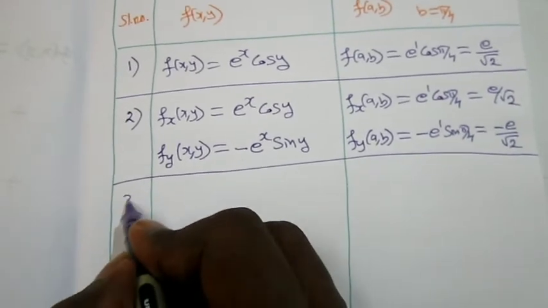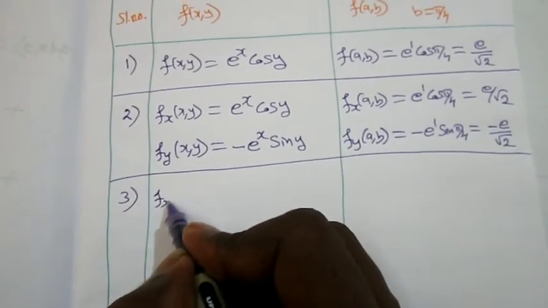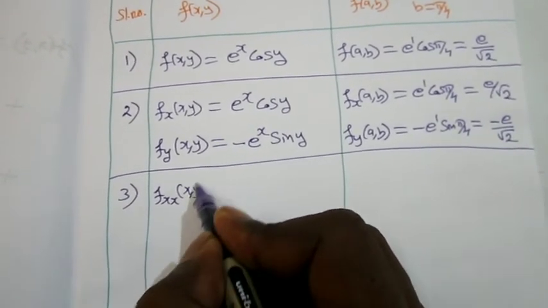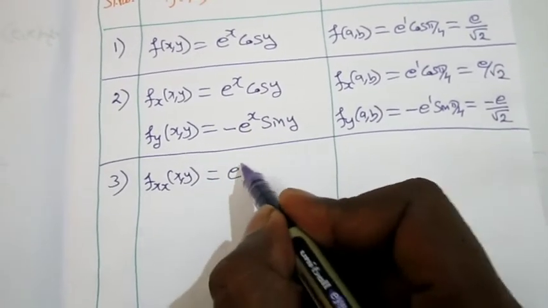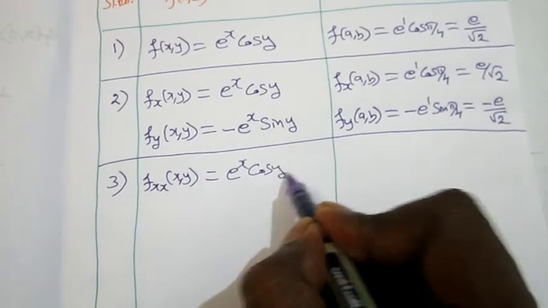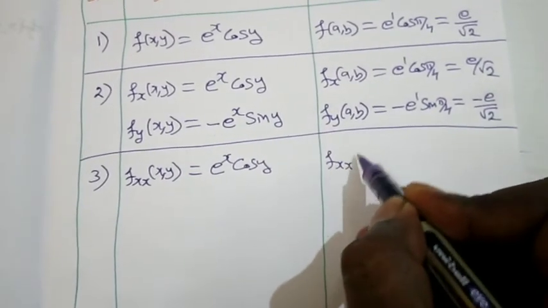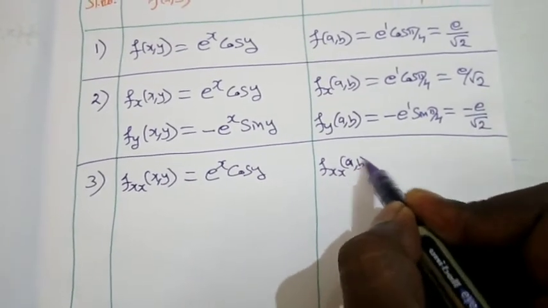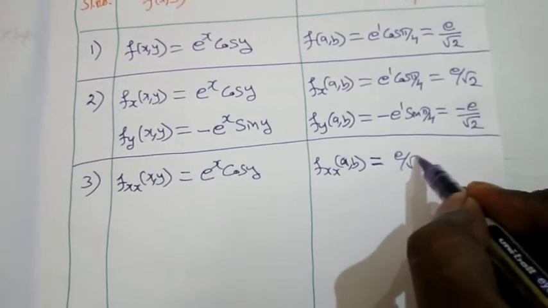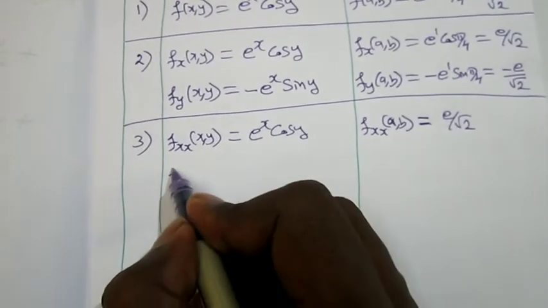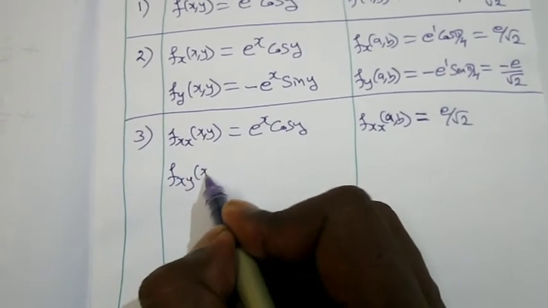Third, fxx of x comma y. Fxx means again you will get the same value, because e power of x differentiated is the same e power of x cos y. So fxx of a comma b is the same, e by root 2. Next, fxy of x comma y.